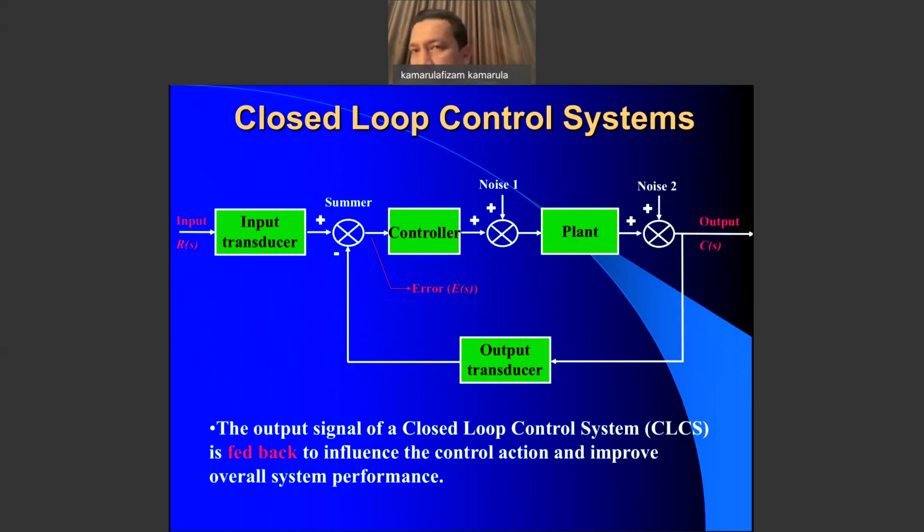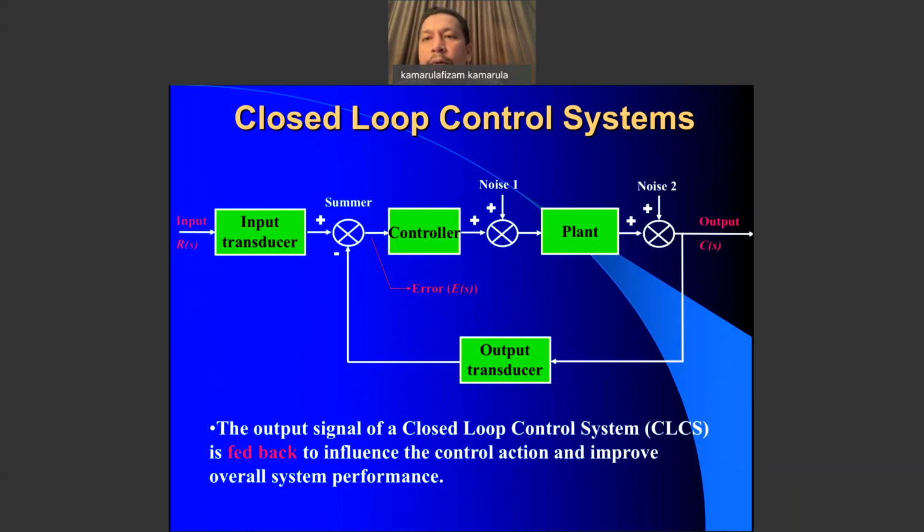All right, so different from a closed loop system. For a closed loop system, you will have a feedback line. For example, here in this case, at the end you have the output, then you have a takeoff point returning back to the summing junction, which goes to the output transducer.